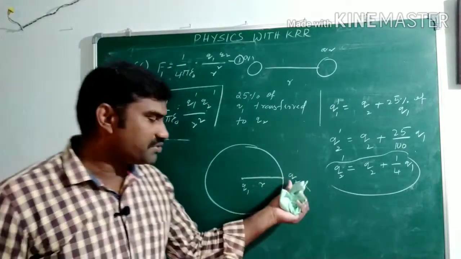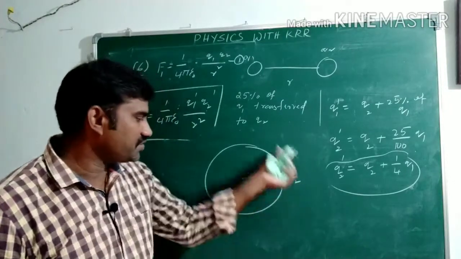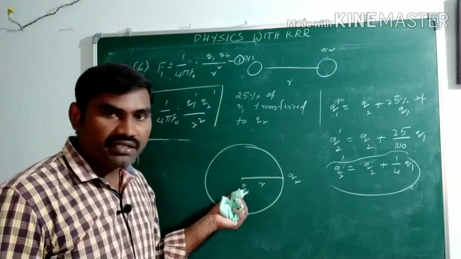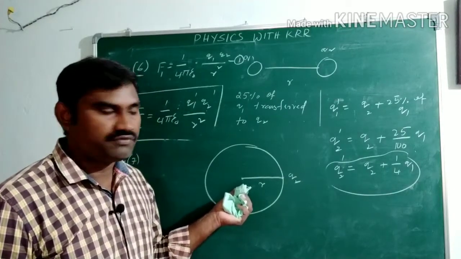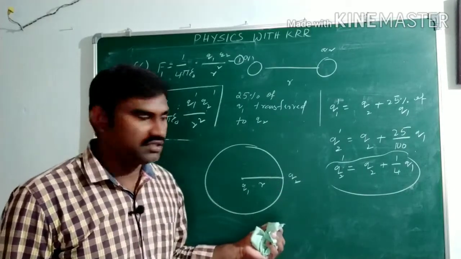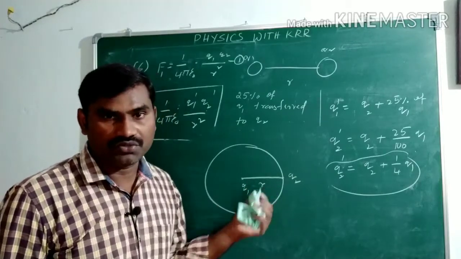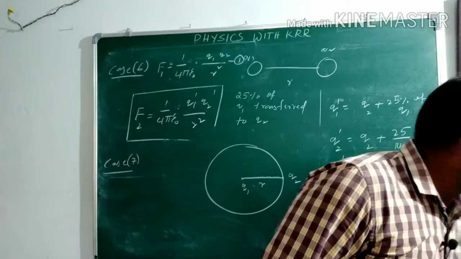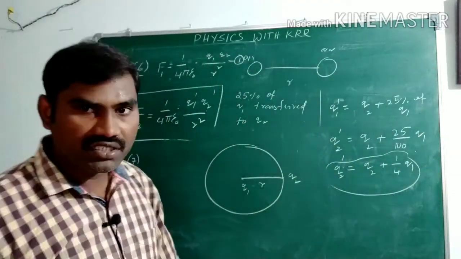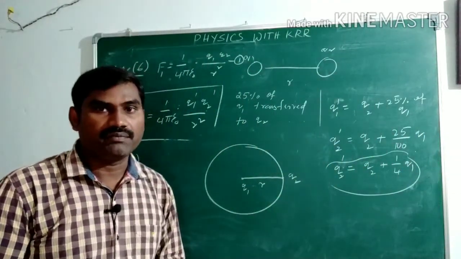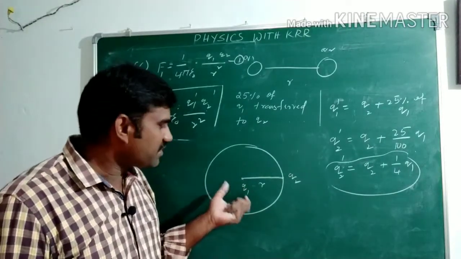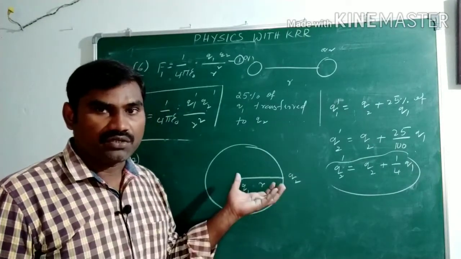Now the charge Q2 is revolving around this charge Q1. So due to the Coulombic attractive force or repulsive force between those two charges, then what happens? According to circular motion, if a body is revolving in a circular path, it is under centripetal force. The centripetal force in this case is nothing but the electrostatic force.